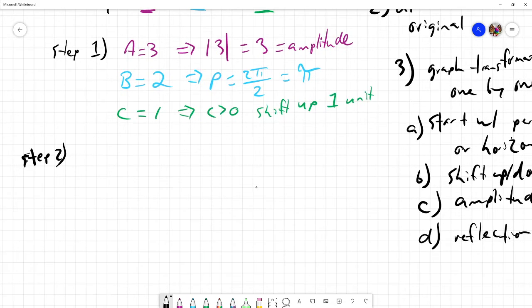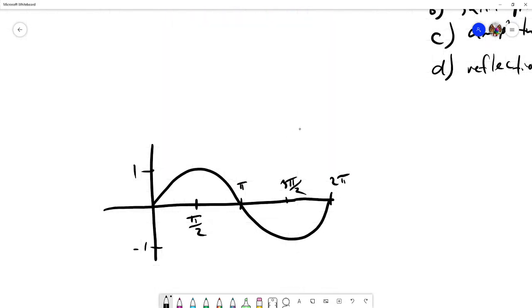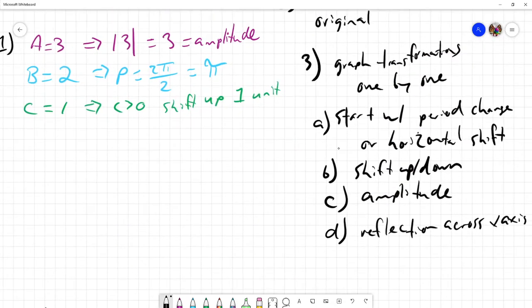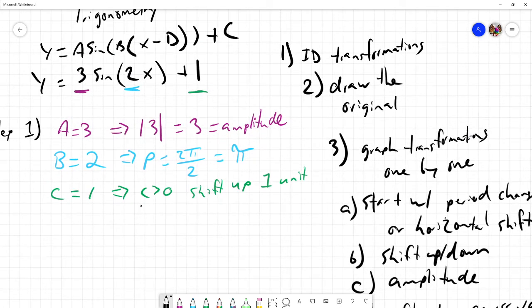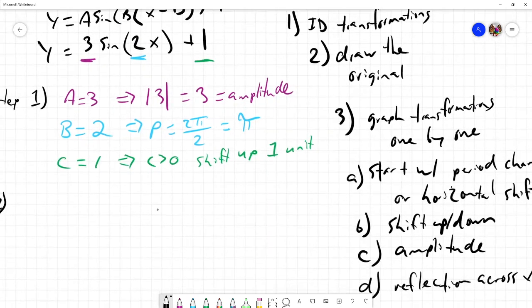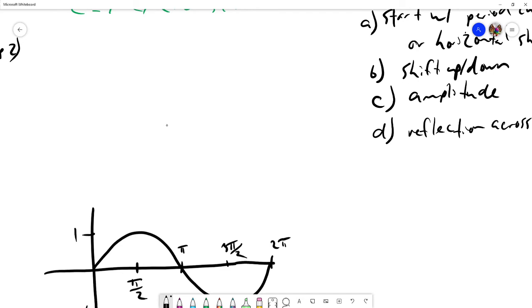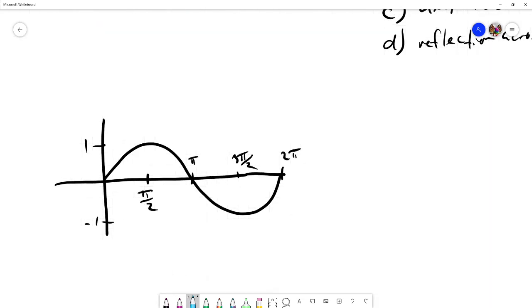Alright, so step 2, we have this. Step 3, we want to start with our period change. So effectively, what is happening is, what used to be 2 pi is now pi, right? And what was 3 pi over 2, we could think of that value as being halved.